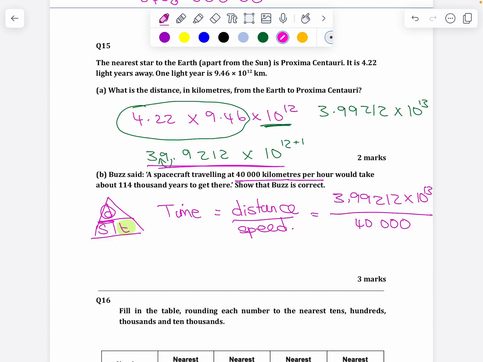So we do that, and that gives it to us as the time in hours. Okay, so if we do that on our calculator, just turning mine on quickly, I'm going to divide, it may not allow me to do the times 10 to the power 13, I'll see if it will. And then divide by 40,000. And it gives me this answer.